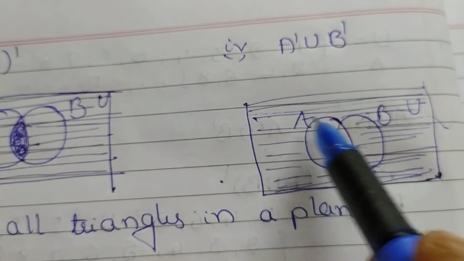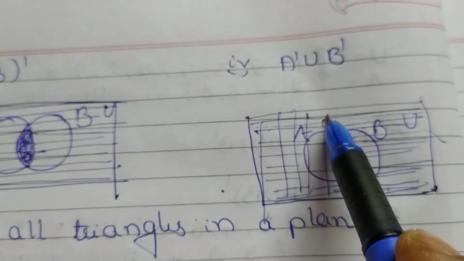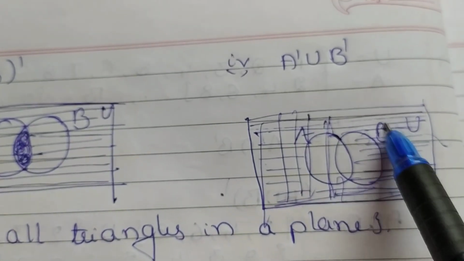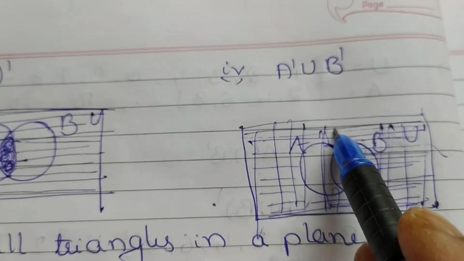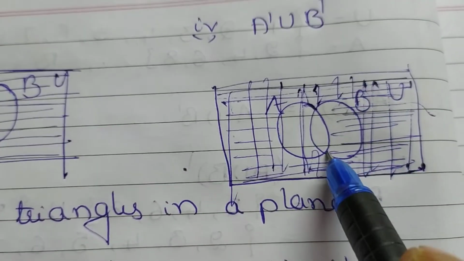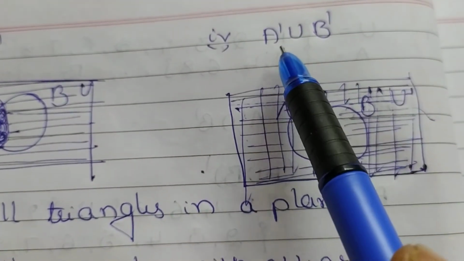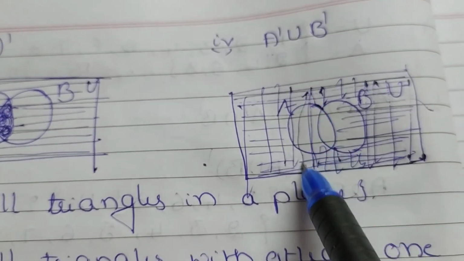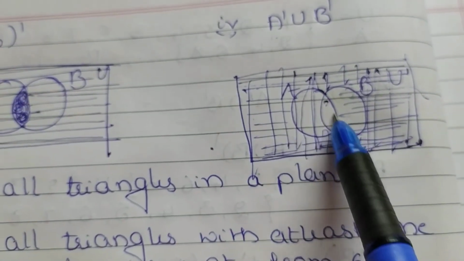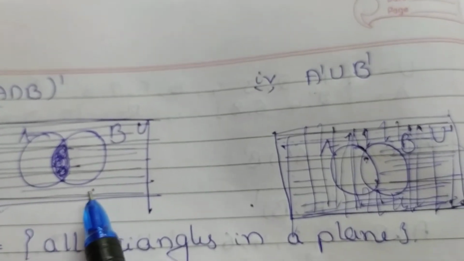B complement means other than B, this whole thing. Now A complement union B complement means leaving this part, the remaining whole thing, the same figure you will be getting like this.